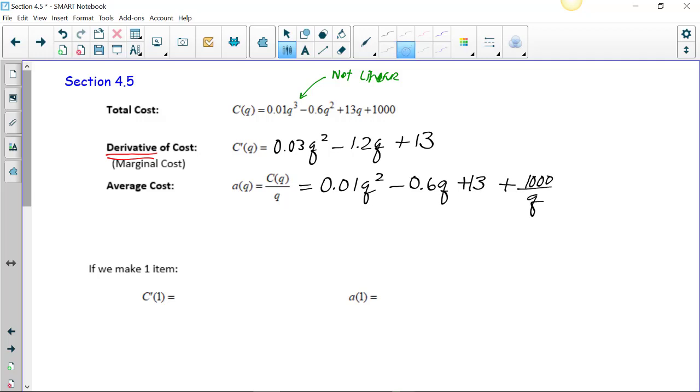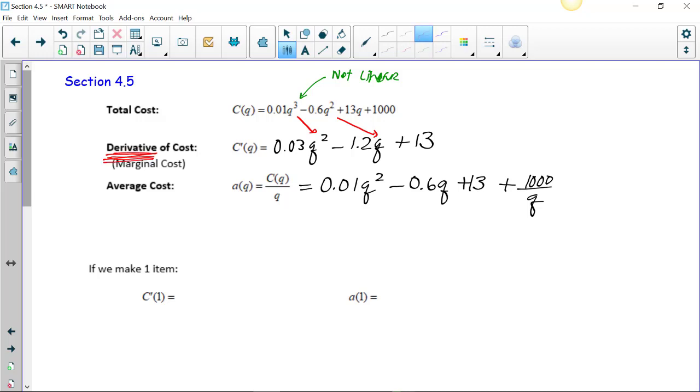Okay. Now, this can get a little confusing and tricky because if you look what happened here in the derivative, my powers decreased by 1 in my marginal cost, but that's because I was using the power rule. I was taking a derivative.